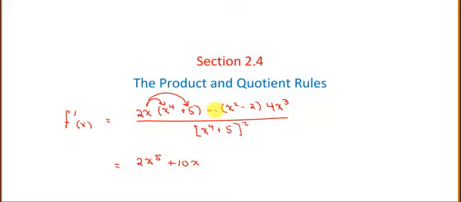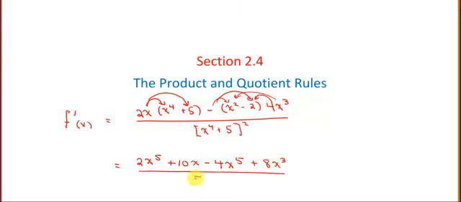Then I have a negative 4x to the third times x squared, so that would be negative 4x to the fifth, and a negative 4x to the third times a negative 2x, so that would be a positive 8x to the third. And again, this is all divided by x to the fourth plus 5 squared.